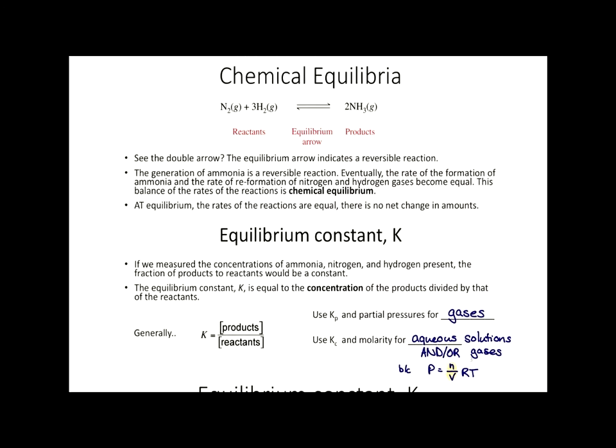So again, with chemical equilibria, the big idea, the difference is we are studying this double-sided equilibrium arrow and what that means. And what you need to get through your head with this equilibrium arrow is when we have one of these, the reactants and the products are present at the same time. There is a reverse reaction and a forward reaction. They both happen.